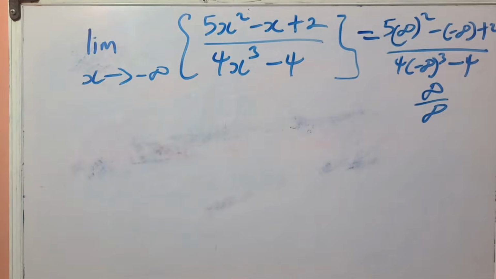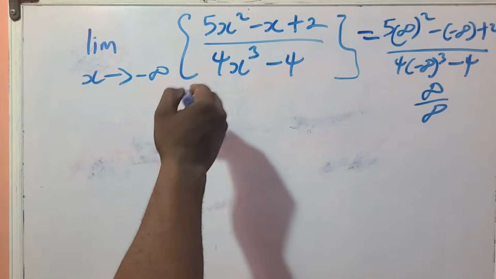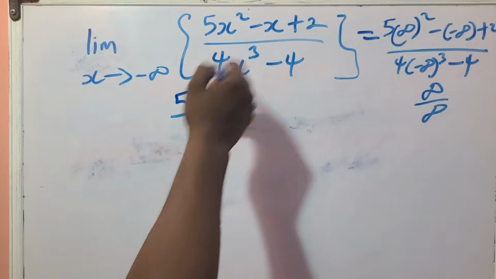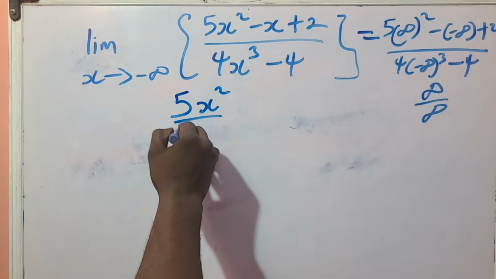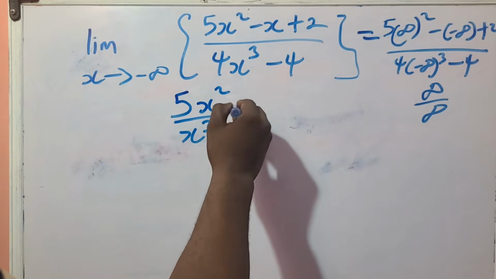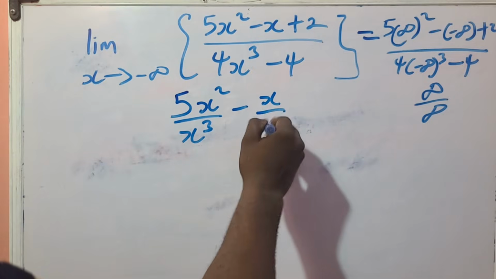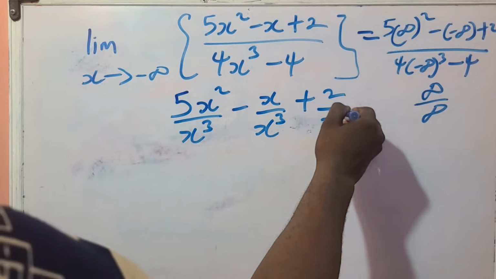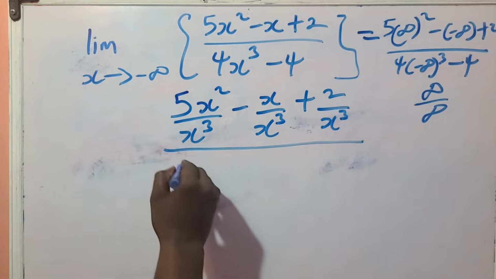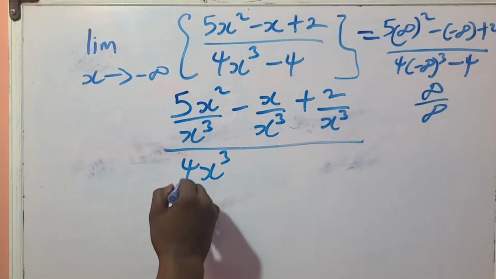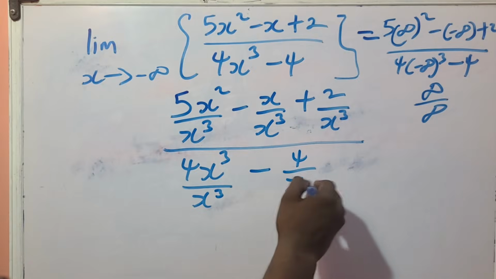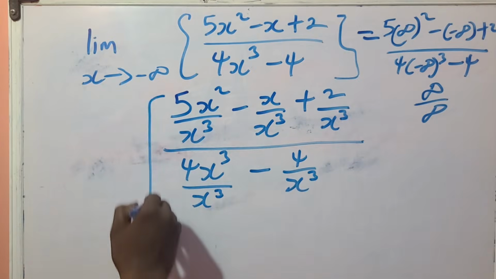What I'm trying to say is you want to do something like this first. The highest power is x cubed. So you want to say 5x squared over x cubed minus x over x cubed plus 2 over x cubed, over 4x cubed over x cubed minus 4 over x cubed. This is the first thing you want to do, all right?